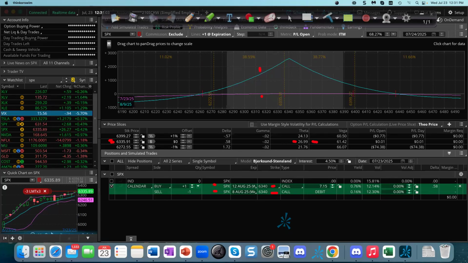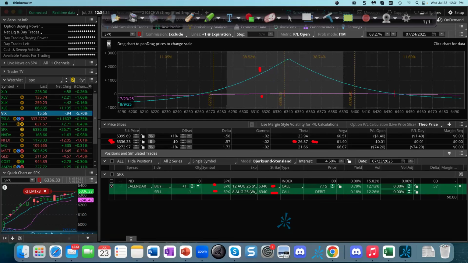But I was thinking, is there a better way to skin the cat? Do you start with a calendar and then turn it into some type of diagonal? Why would I do that, and how does that work?